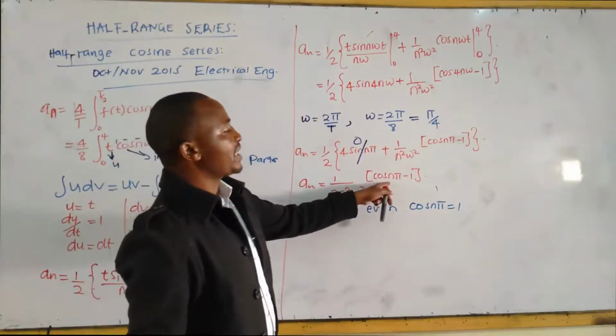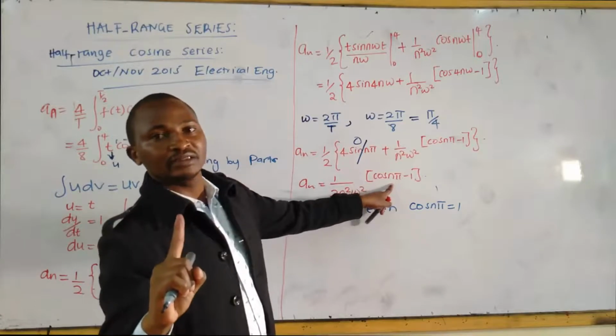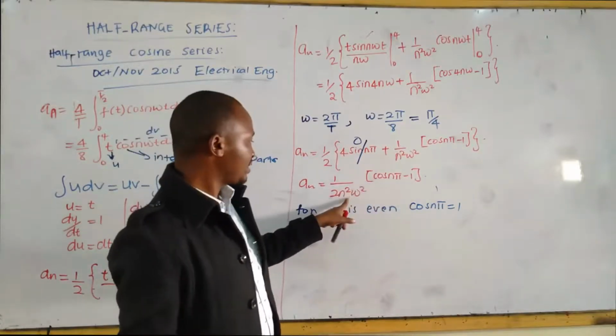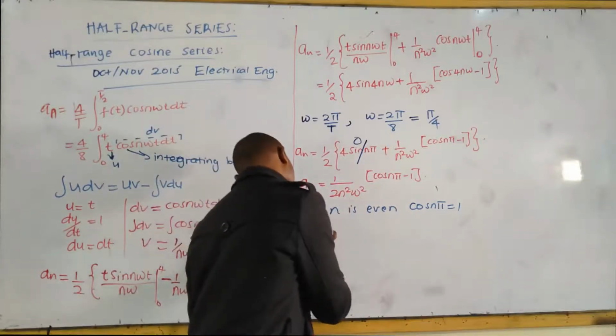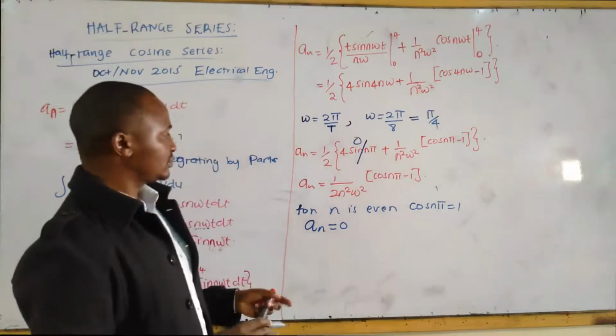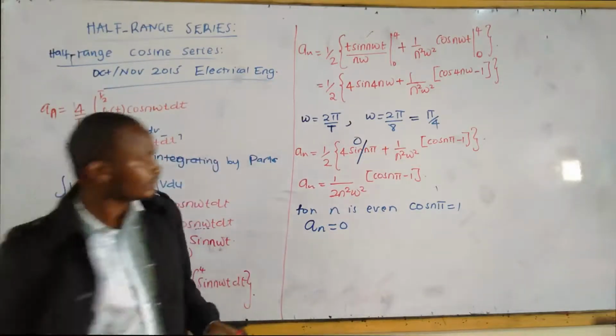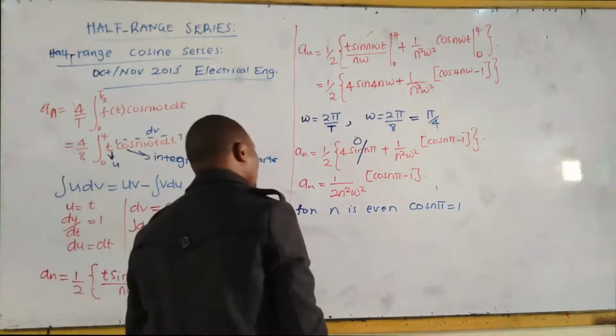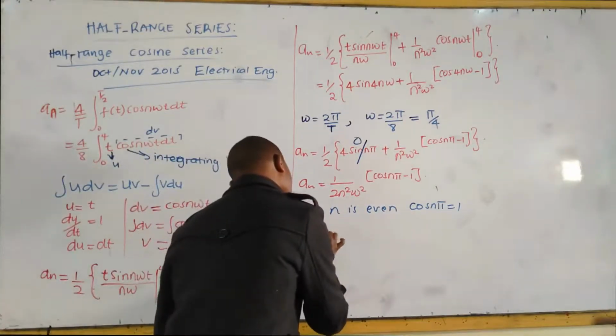Where you have cos n pi, if you substitute with 1, it will be 1 minus 1, 0, times this, 0. An is therefore equal to 0.